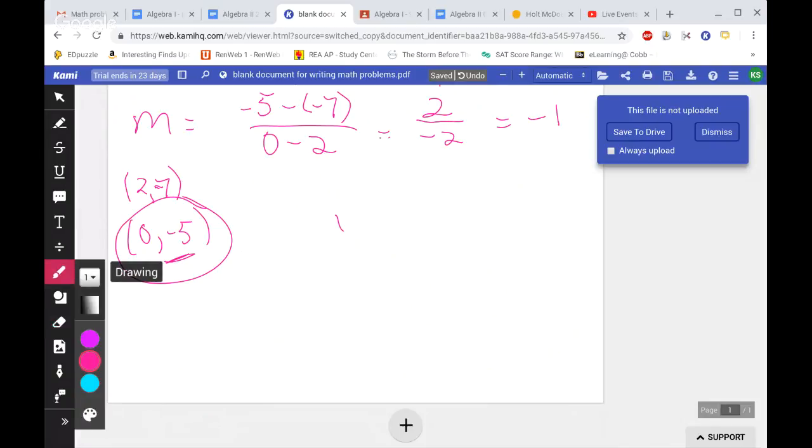So your final equation for this one is y equals -x minus 5, because this is the y-intercept. Okay, that makes sense, because it couldn't cross the y-axis unless that was equal to 0. It's on the y-axis because it doesn't move left or right.